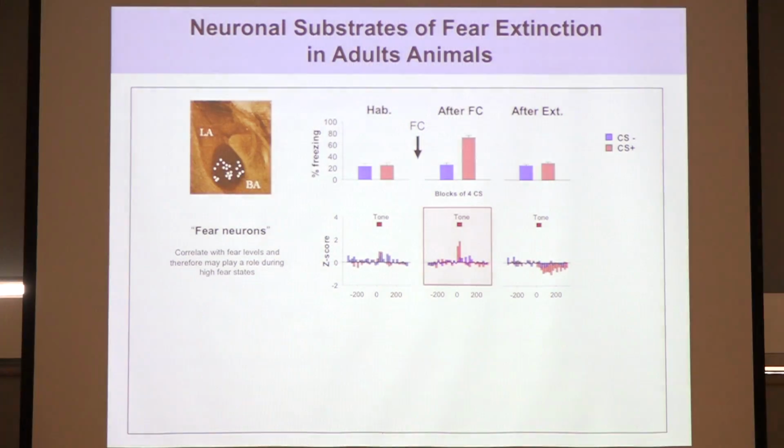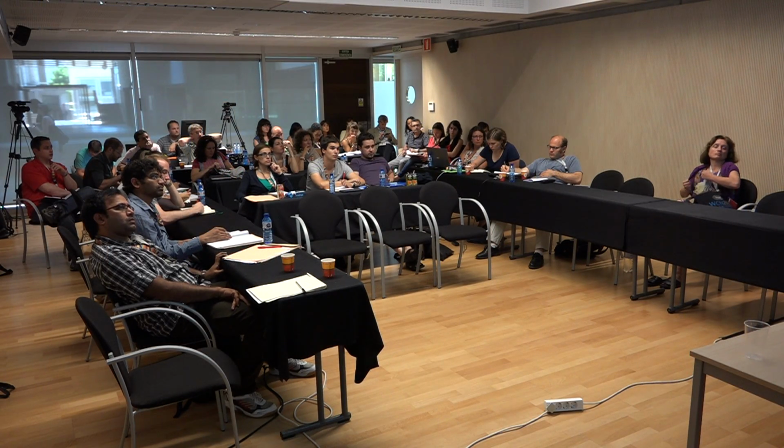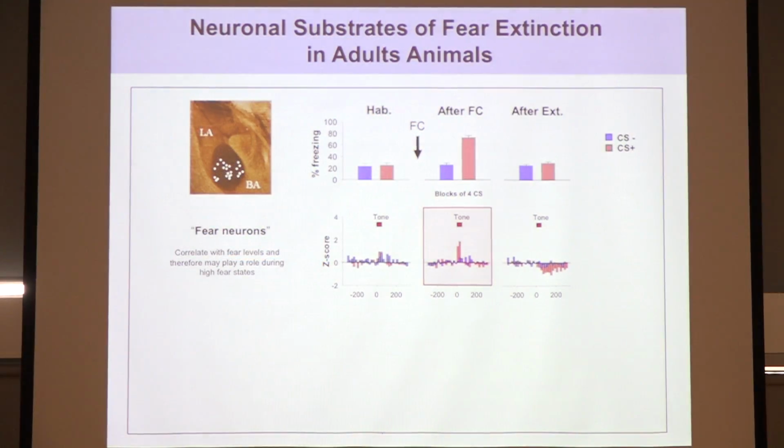This is an issue. But if you manage to do that, for this particular class of neuron, we know that each time the animal displays fear responses, those neurons were activated. So it's like a constant characteristic. Yeah, that's exactly. But when the fear is extinguished, they do not respond anymore.